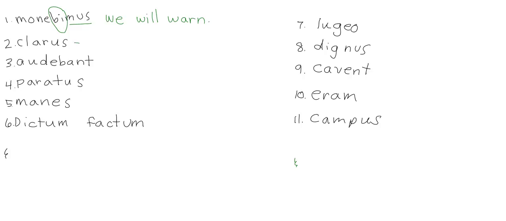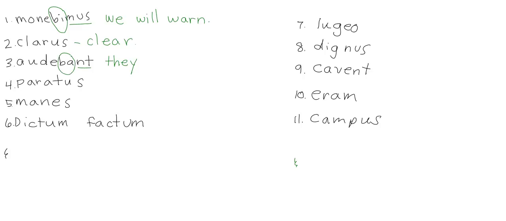Clarus, clara, clarum. This is a simple adjective, clear. Right? Audebant. O is I, s is you, t is he, she, it. Mus is we, tis is y'all, nt is they. Ba, ba, ba.